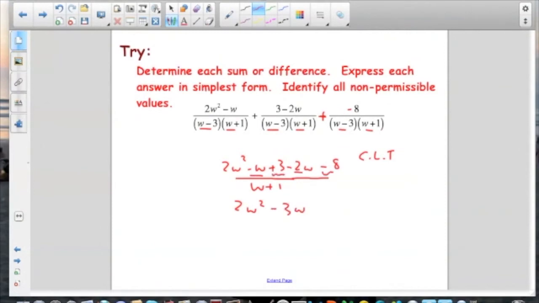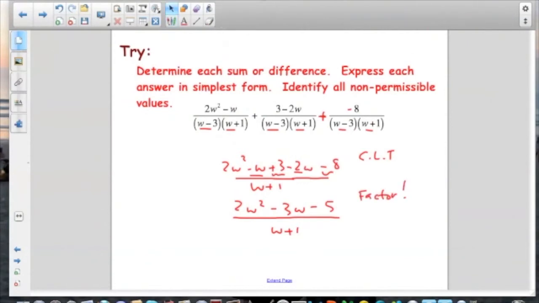This and this is minus 5. All right, now always check to see if it can factor. So I know, looking at this expression here, it looks like it's going to be a triple play, so let's just try factoring through our triple play method.